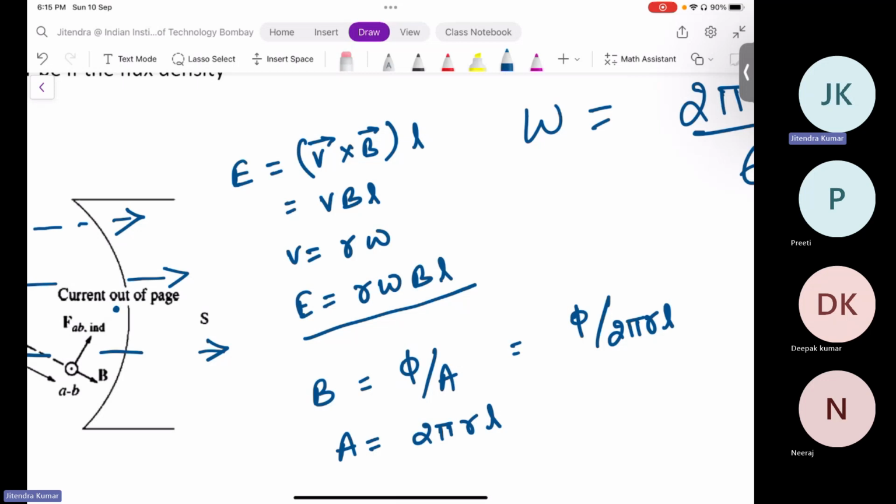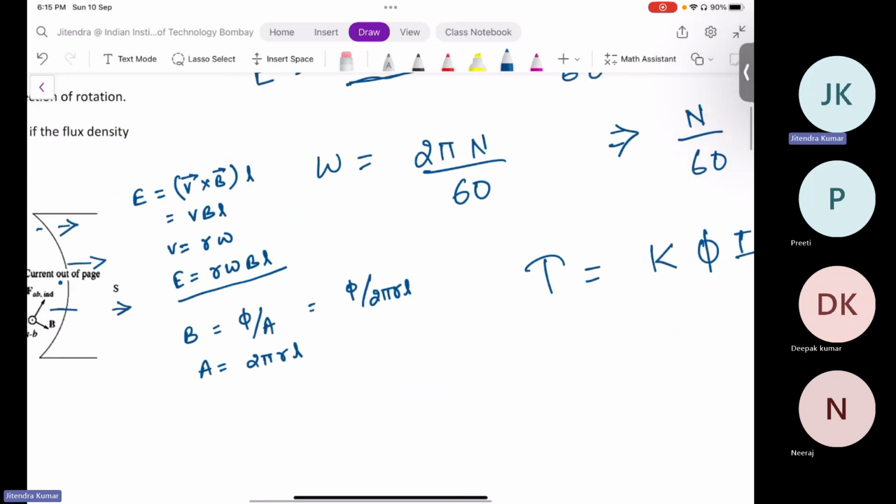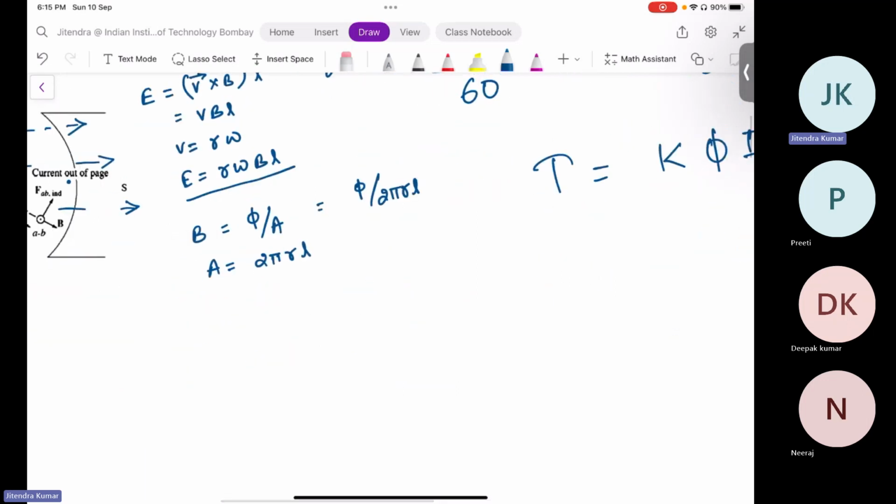And whatever the EMF induced, that will depend on the poles. Let me simplify it here once. So EMF induced will be equal to 2 RLB omega. Why am I multiplying with the factor 2?